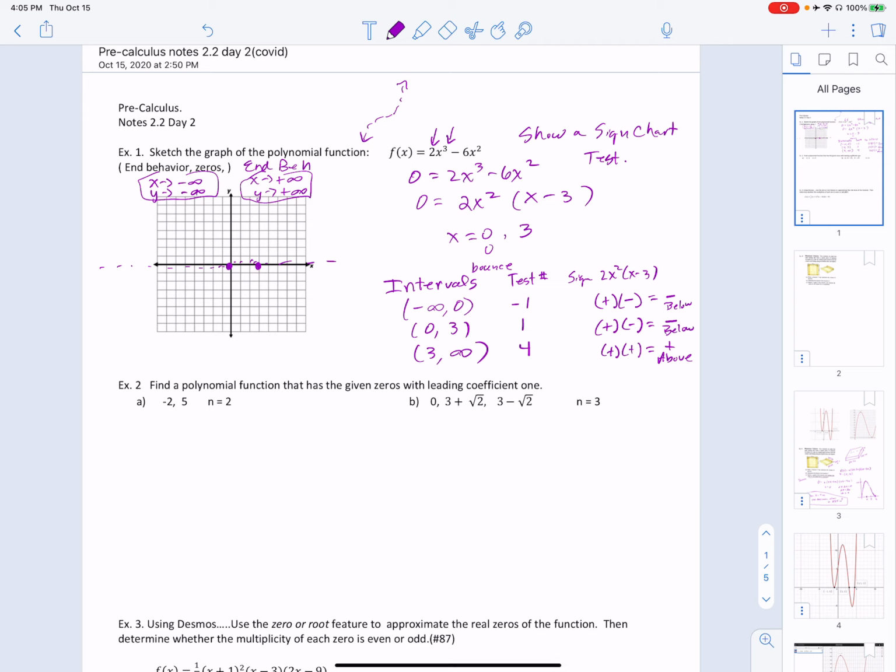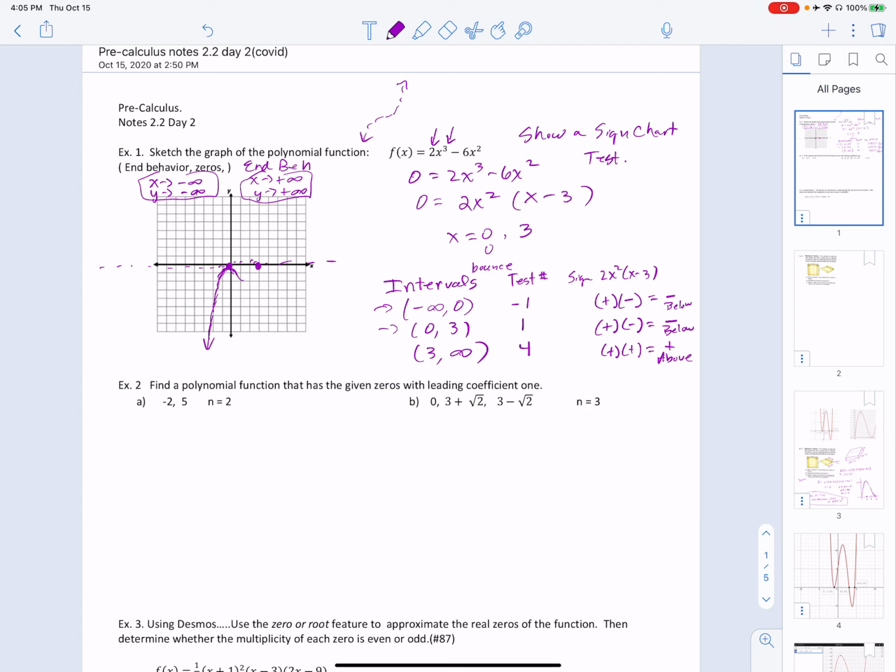It's overall increasing. So with that, and knowing that I have that x squared, which is a double 0, I expect a bounce, and that in both of these first two intervals, the graph is below the x-axis, then I'm just going to come up, sketch, bounce back, and go back down.